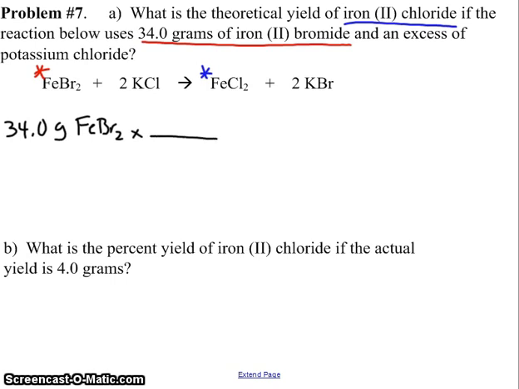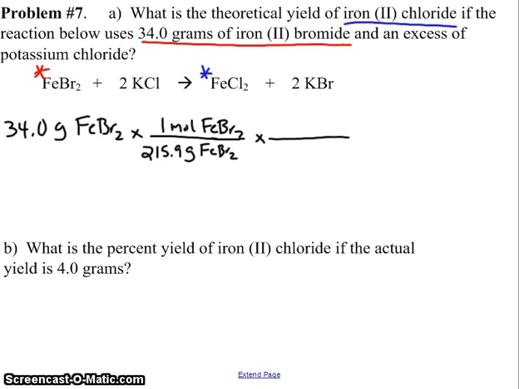We're going to do our 3-step stoichiometry problem, so grams to moles. So grams of FeBr2 in the denominator, 1 mole of FeBr2 in the numerator. Adding up the molar mass of FeBr2 to the nearest tenth is 215.9.